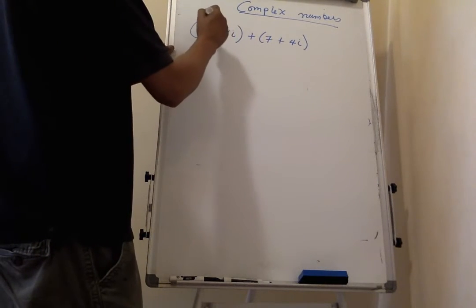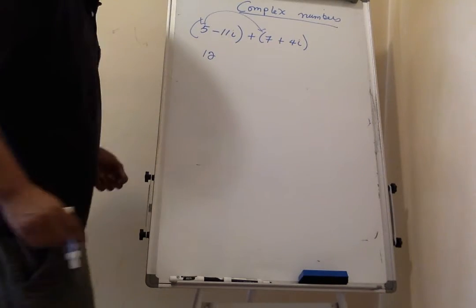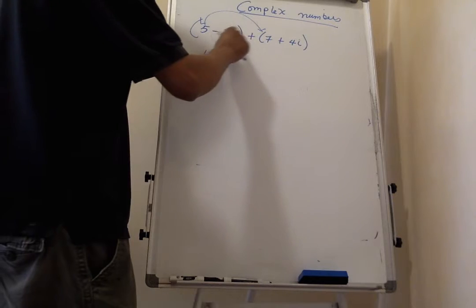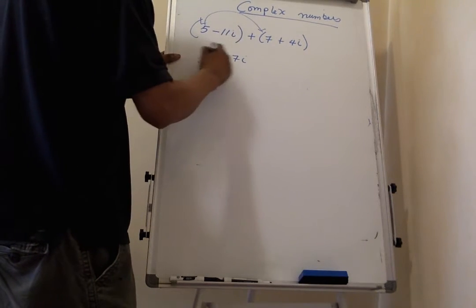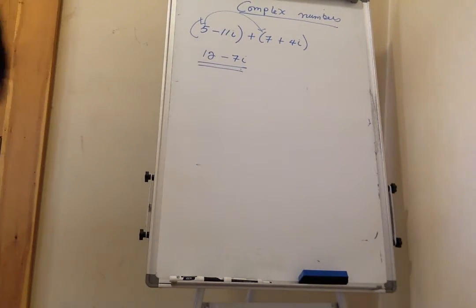So I'm going to add 5 and 7, which is what? 12. I'm done with my real numbers. With my complex ones, negative 11i plus 4i gives us negative 7i. That's it. You're done. Okay? You cannot go any further from here.